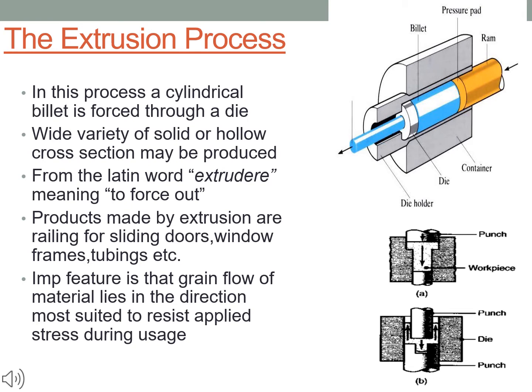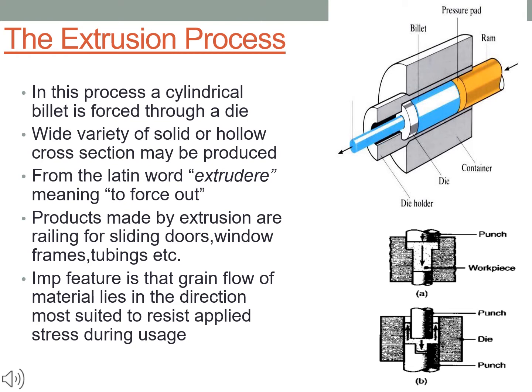There are three basic types of extrusion. The most common process is called direct or forward extrusion. A billet is placed in a chamber, which is a container, and forced through a die opening by a hydraulically driven ram, which is also called the pressing stem or punch.